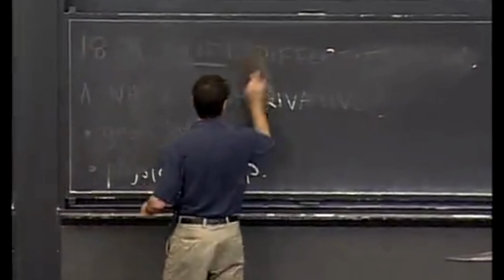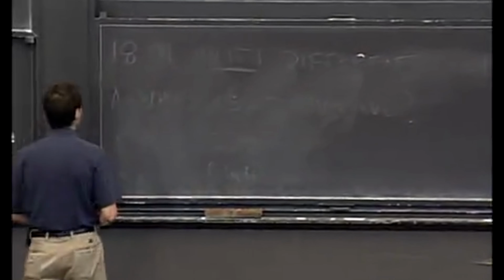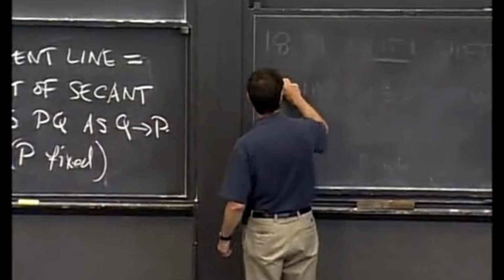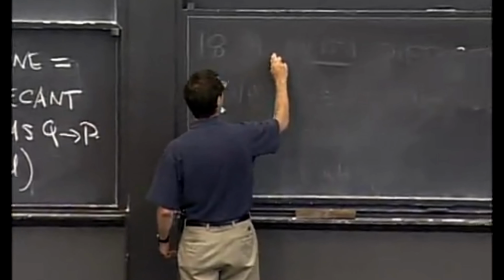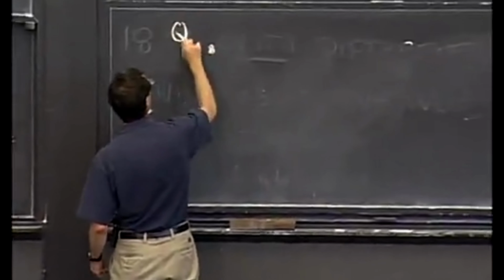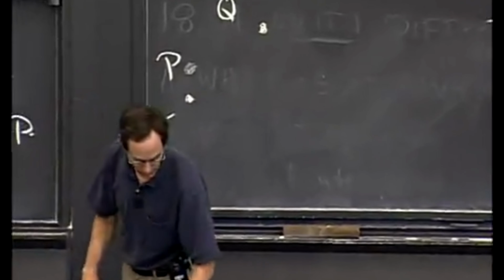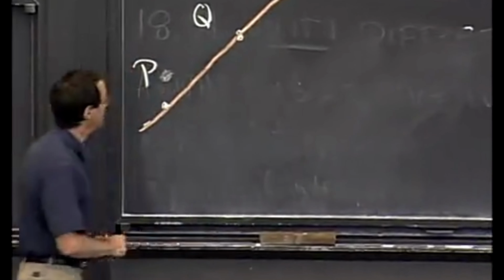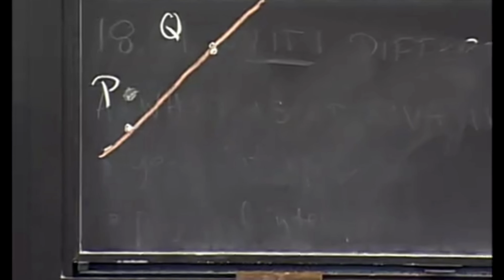So let's do that. First of all, I'm going to write out these points P and Q again. So maybe we'll put P here and Q here. And I'm thinking of this line through them. I guess it was orange, so we'll leave it as orange. And now I want to compute its slope.